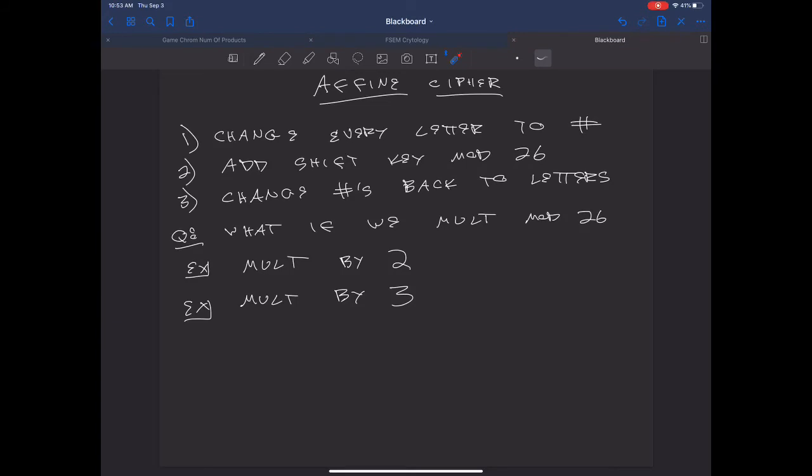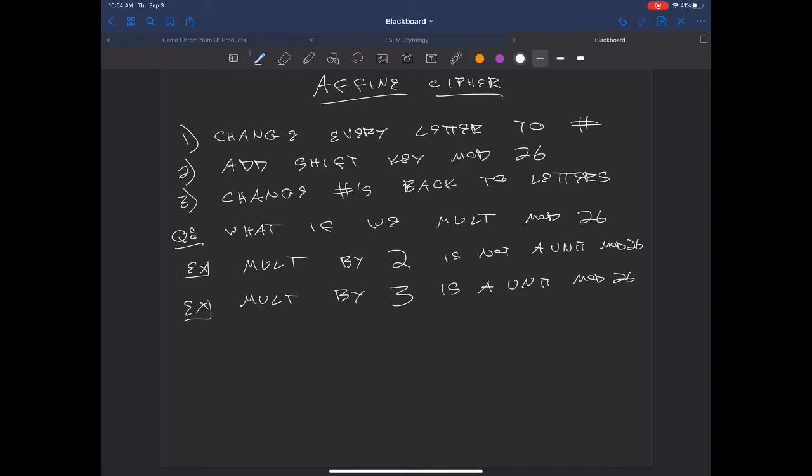So there's something different between the number 2 and the number 3 when we're doing multiplication. And you have all watched the units video now. And so one of the things that we know to be different is that 2 is not a unit mod 26, and 3 is a unit mod 26, and that is the key. When we're doing this multiplication, we need the number we're multiplying by to be a unit.